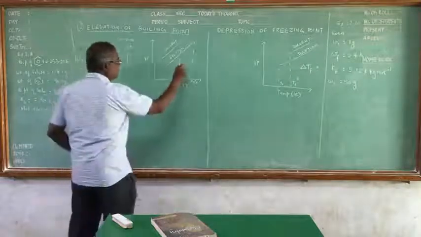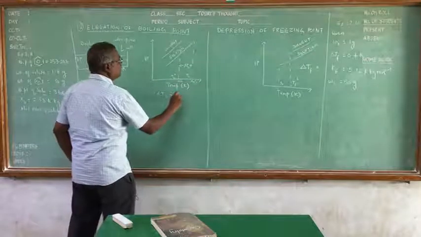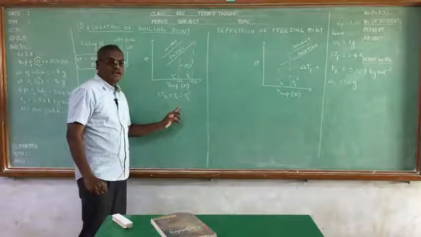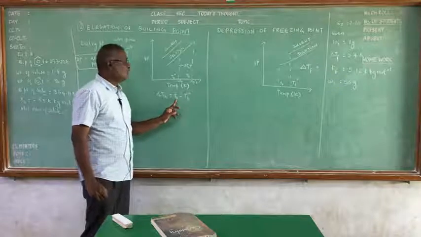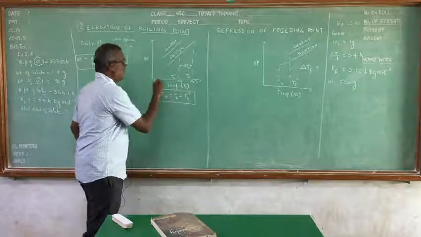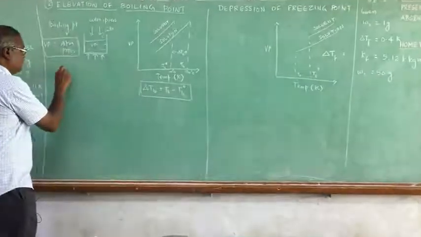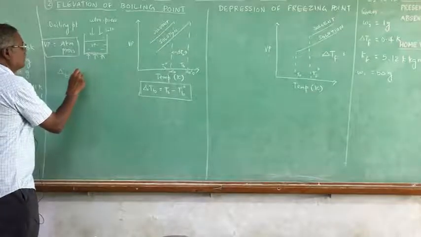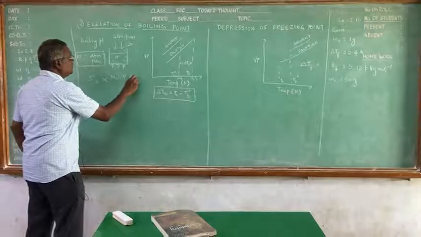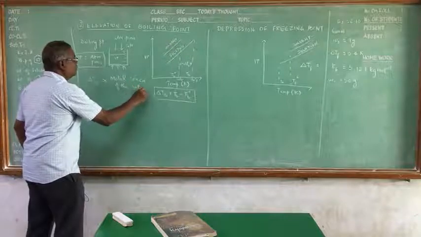This difference is the delta Tb. Delta Tb is Tb minus Tb naught, that is, the boiling point of the solution minus the boiling point of the solvent. This delta Tb is also proportional to the molal concentration of the solution.